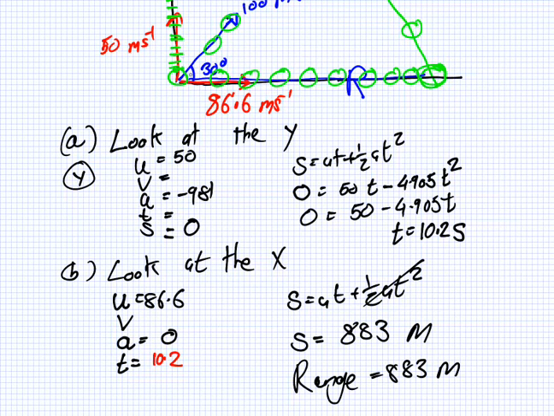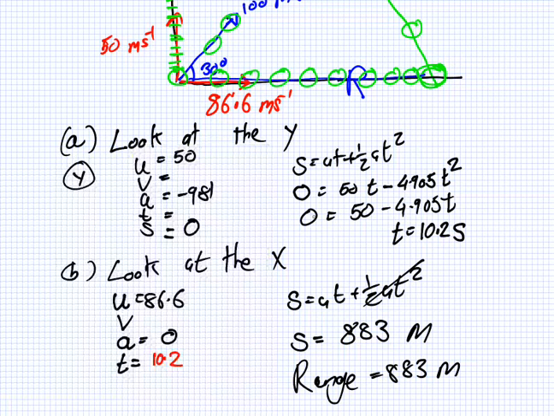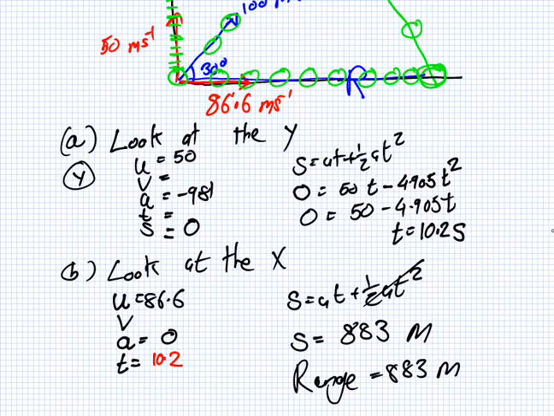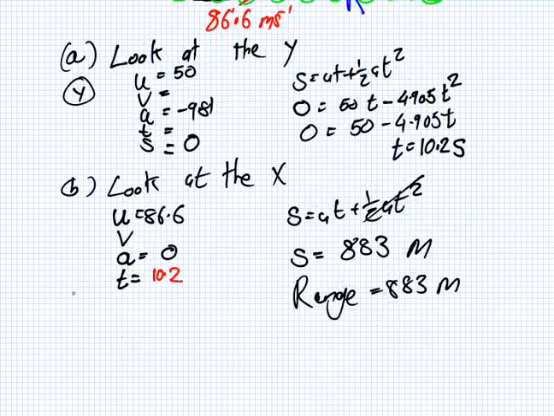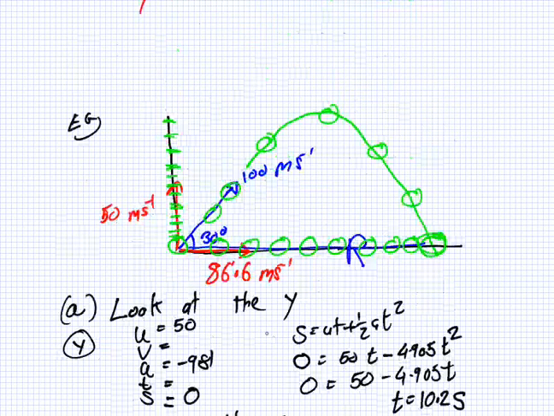Alright, so let me try and draw it beautifully. What's the speed, did I say? 100 meters per second? And the angle? 30. So what you can do is get this one and this one. How big is this one here? 100 cos 30.